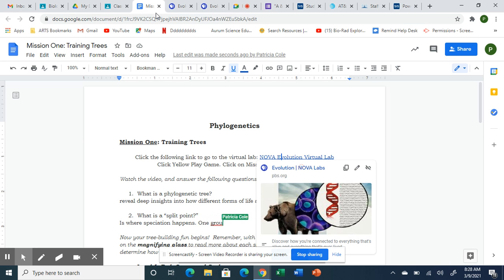One group diverges from another. So we did speciation last week with the finches, which Arlene, you can watch that video. And you'll see that we had 8 different types of finches, and they all came from one original finch, and they diverged from it.